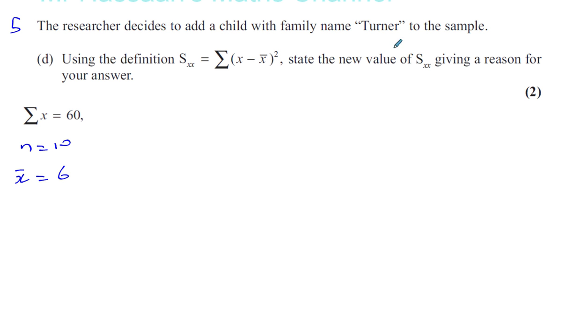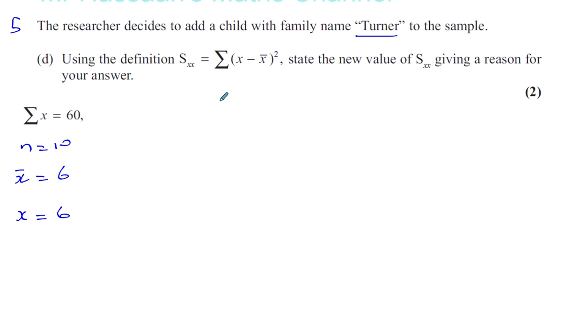Now, basically, the word Turner has 1, 2, 3, 4, 5, 6 letters in it. So x equals 6. So the difference between x and the average, the mean, is 0.